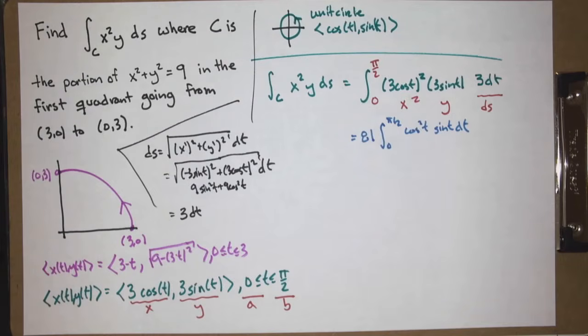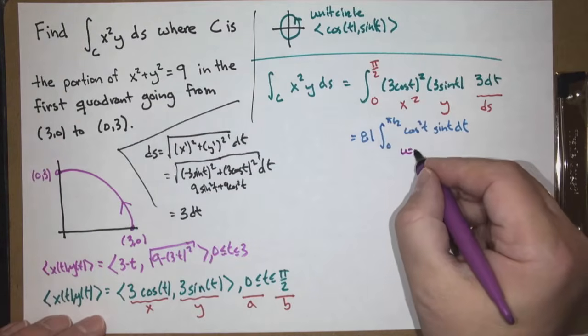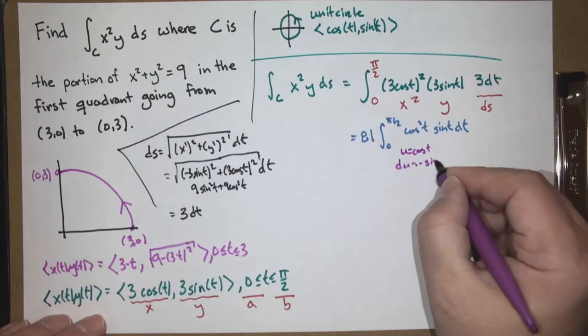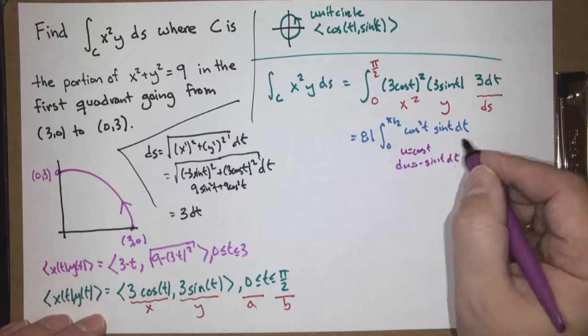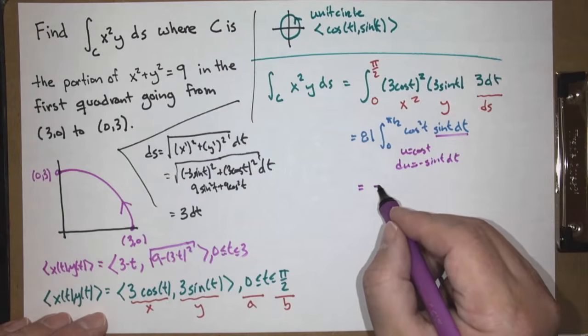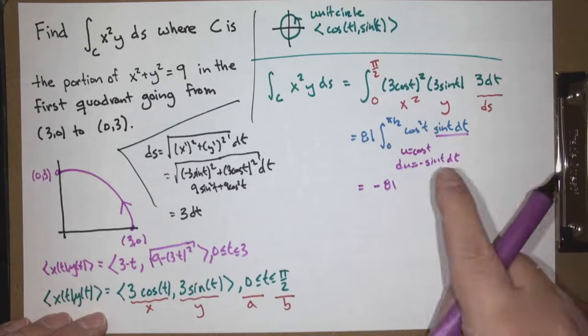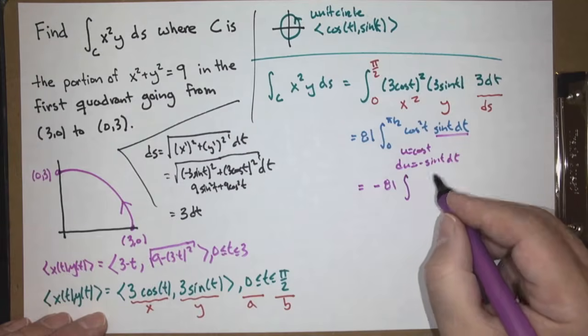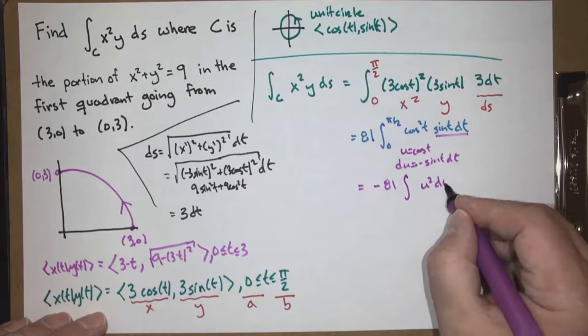How do we find this integral? U-substitution. What should we u-sub? u equals cosine t. If u equals cosine t, du is negative sine t dt. Very convenient for us. So what do we get? We're going to get a negative 81, the negative because of this negative, integral of u squared du.